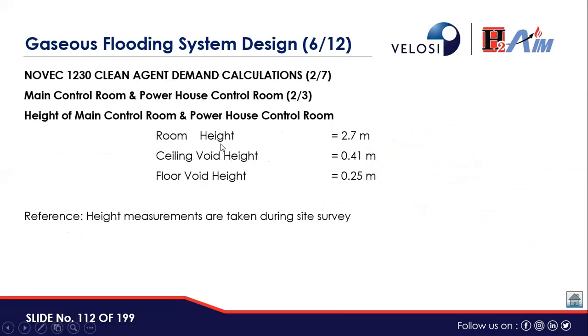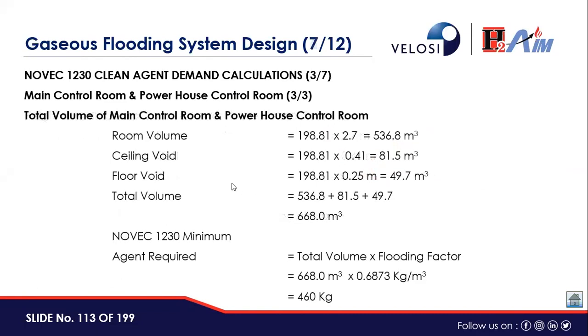This was the room height, and then this is the ceiling void height, and then this is the floor void height. So these heights were taken during the site survey. The room volume was 536.8 cubic meter. Ceiling void, this one, floor void, this one, total volume was 668 cubic meter.